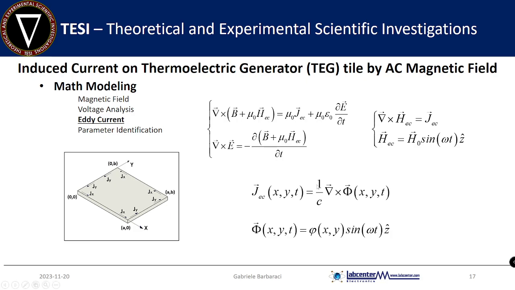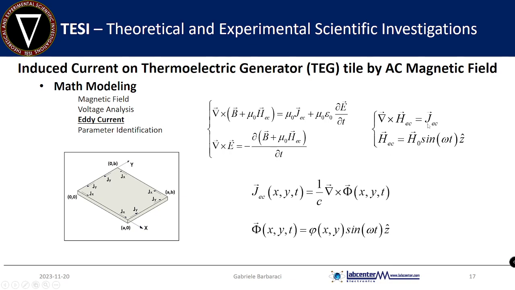As a matter of fact, starting from the Maxwell equation, I have included the eddy current value in terms of current density, as well as the magnetic field, because the flux generated by the magnetic field in this plate at the same time generates a counter flow that is shown in terms of vector J, which has components along the y and x direction. So the curl of the eddy current and magnetic field generate a certain current density, which characterizes the pattern as described in this image. That at the same time generates a magnetic field.